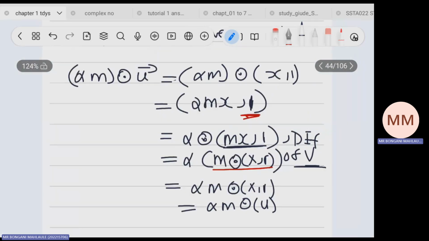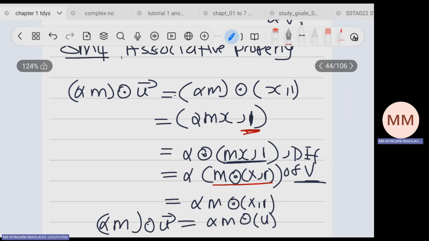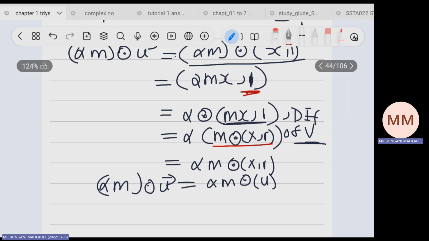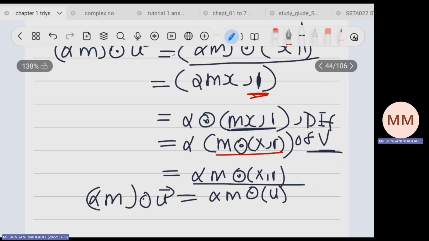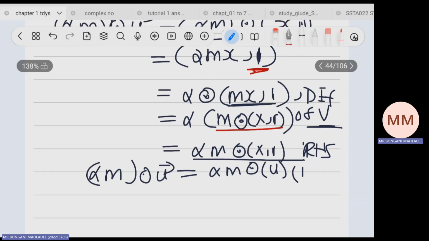So you see that this is the same as the left hand side. This is what we're trying to achieve. So I've managed to get that here on this step. So this is our right hand side, it's equal to the left hand side.